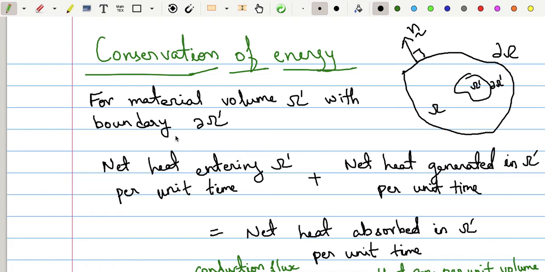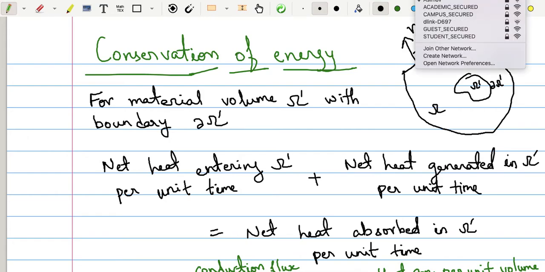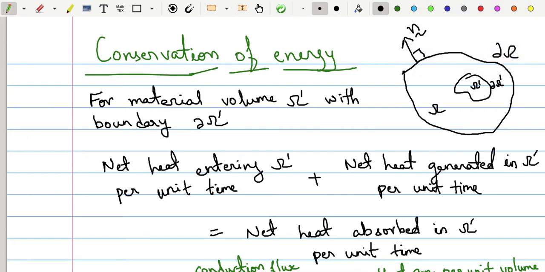Is there anybody who is able to hear me clearly? No, sir, there's lag in your voice. It must be an internet connectivity problem. The connection seems fine, but then probably the speed is low or something.